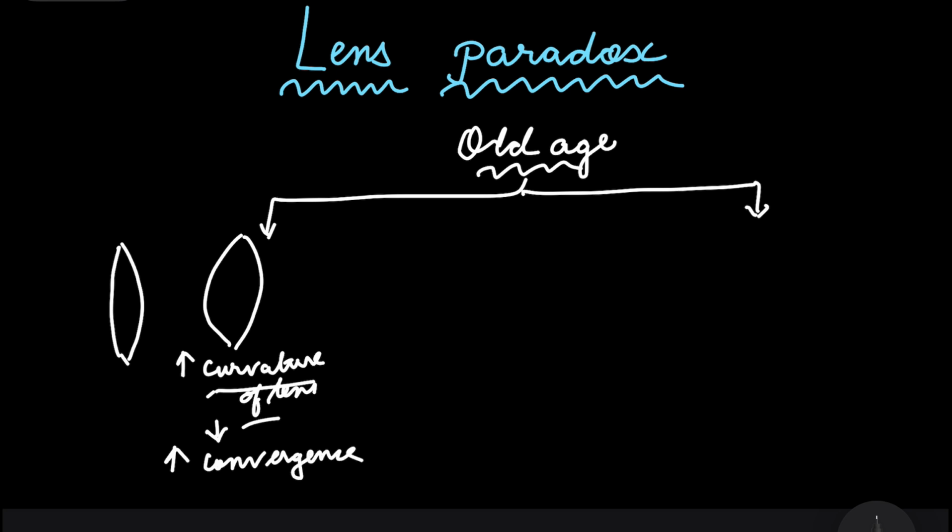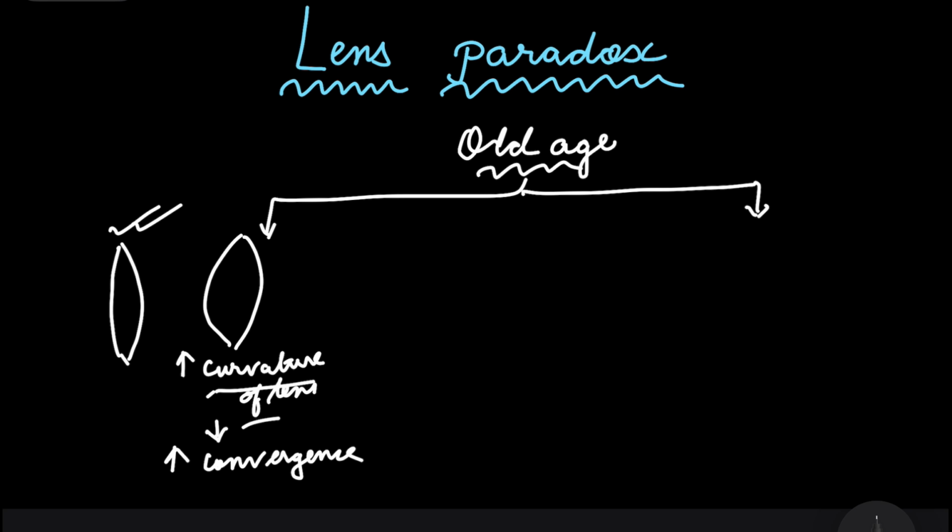That means that now the light rays traveling from infinity will be converged much in front of the point compared to where they were being converged when the lens was flatter. So the converging power of the lens will increase with increase in its curvature.